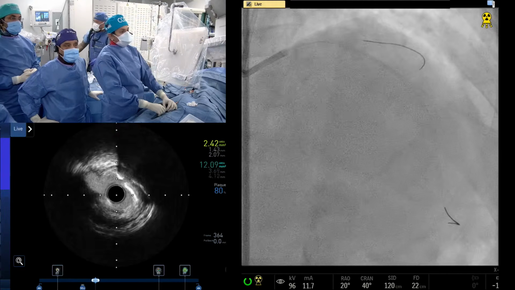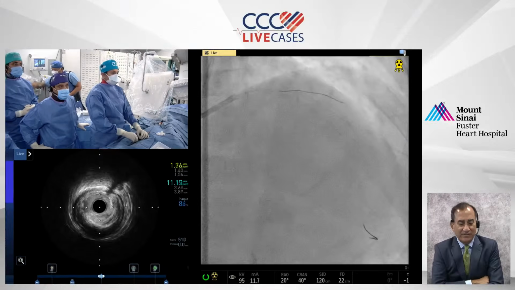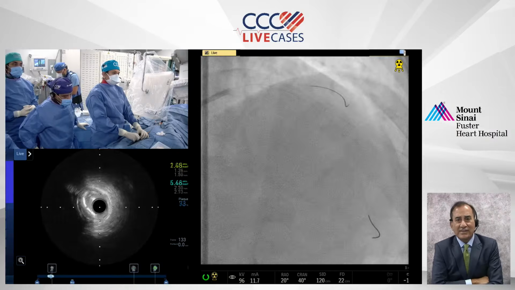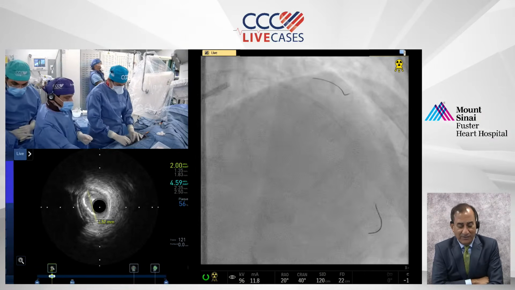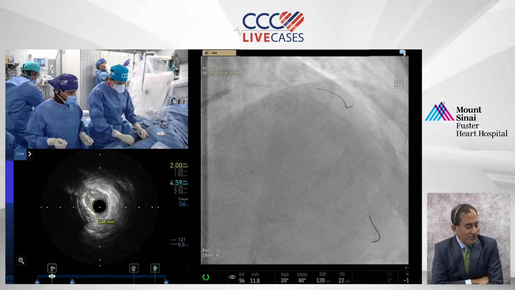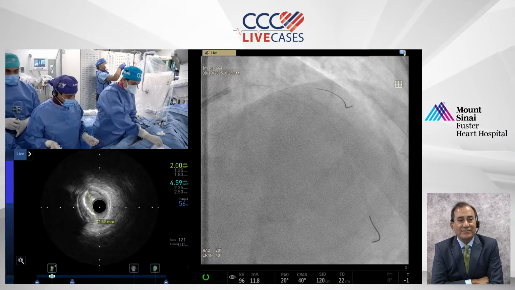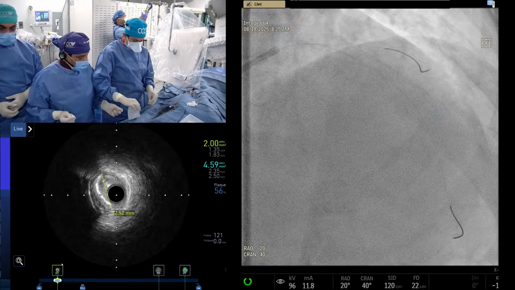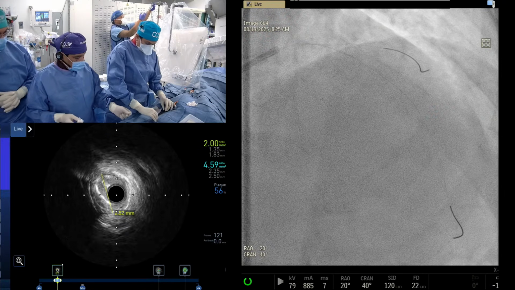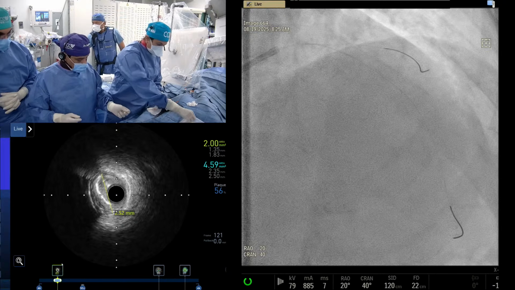So just to complete our discussion and benefit from the reviewer comments, one of the thoughts here is if hardware is not crossing, we should do rotablator. Okay. That is what our audience feels also, specifically Dr. Jha.